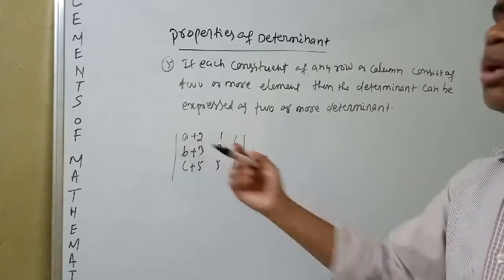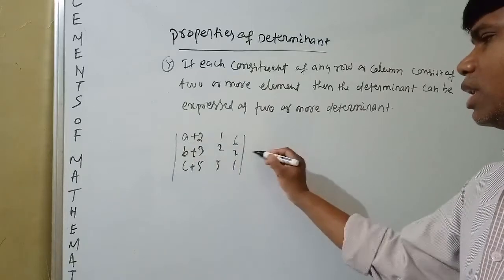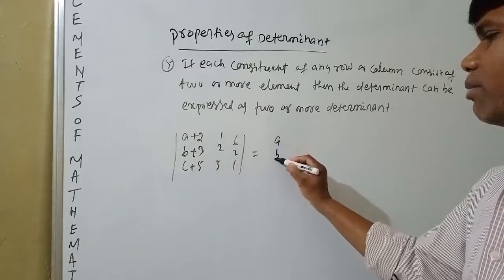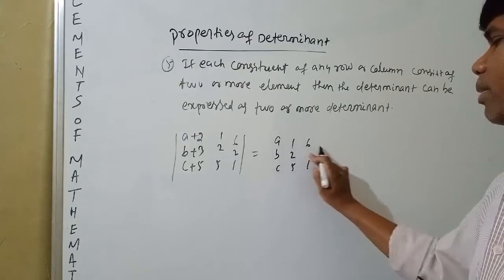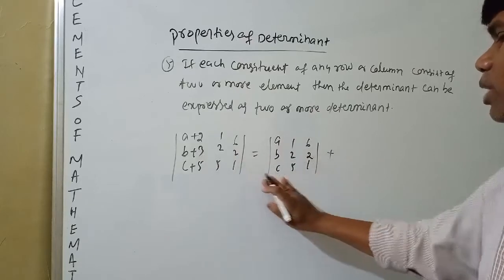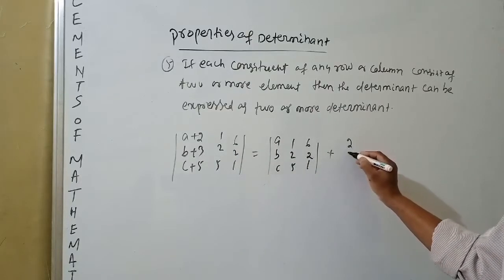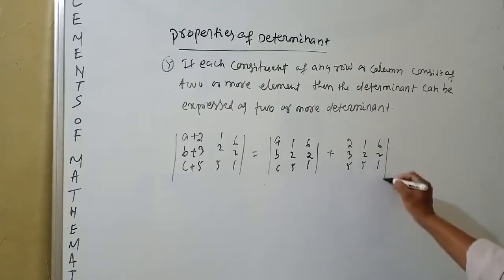So we can express it as 2 determinants. I can write one determinant with a, b, c, 1, 2, 5, 6, 2, 1, and since the plus sign is given, I write plus and the second determinant with 2, 3, 5, 1, 2, 5, 6, 2, 1.